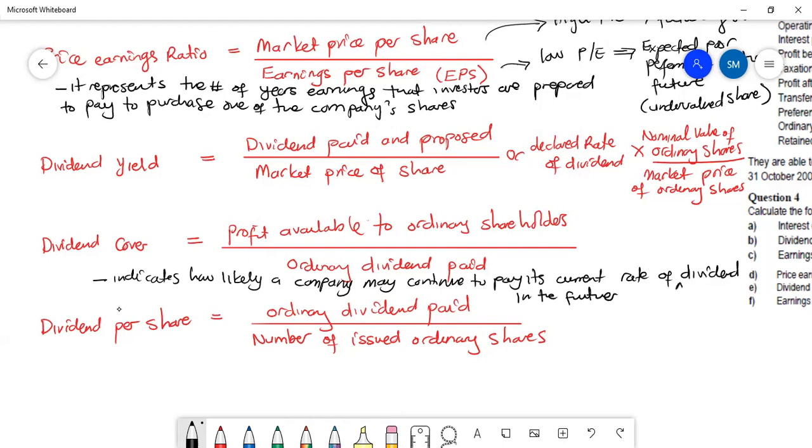Here, I mean ordinary dividend, okay? Ordinary dividends in the future.